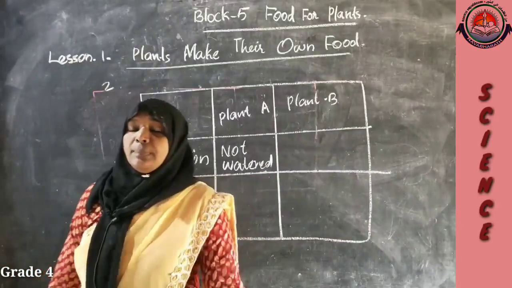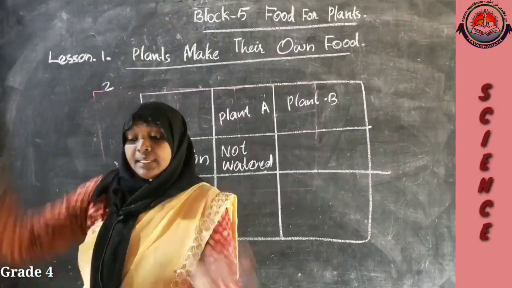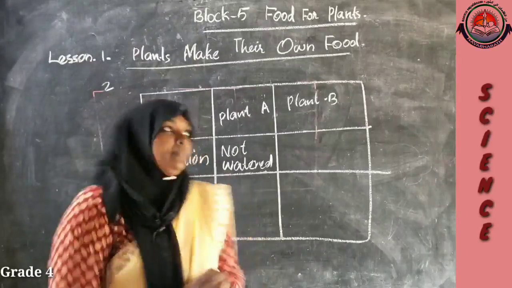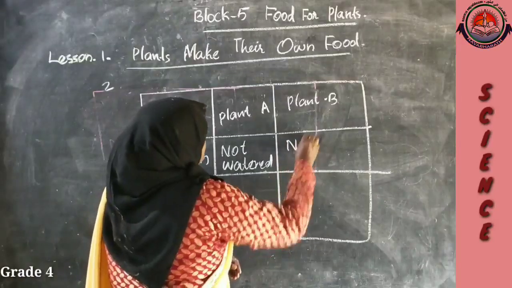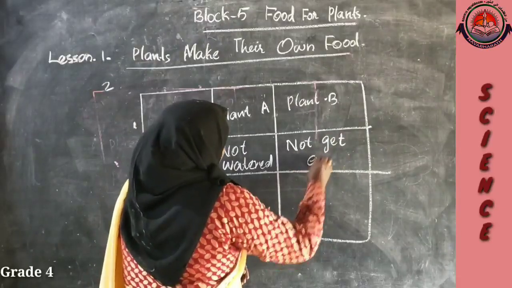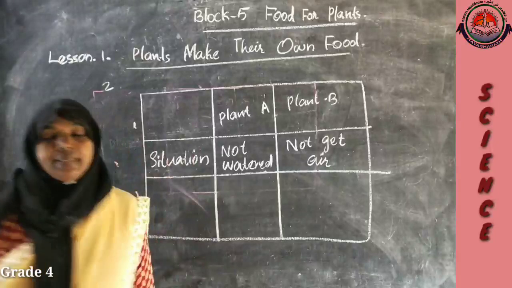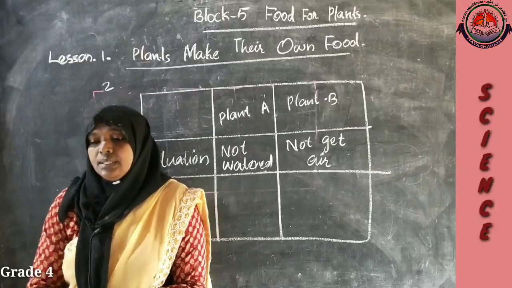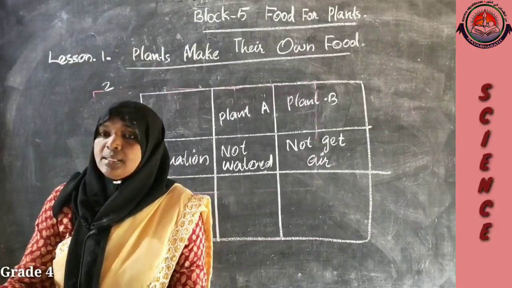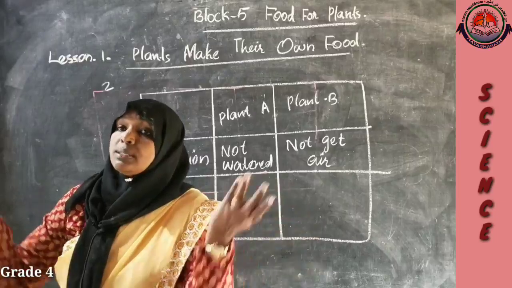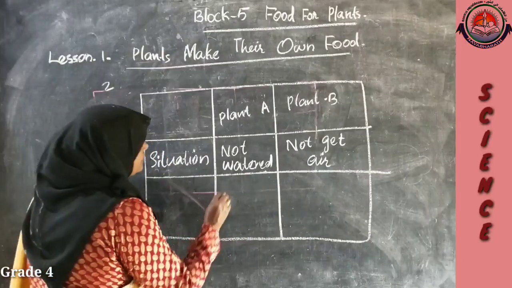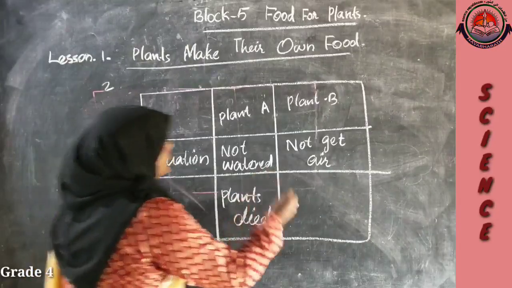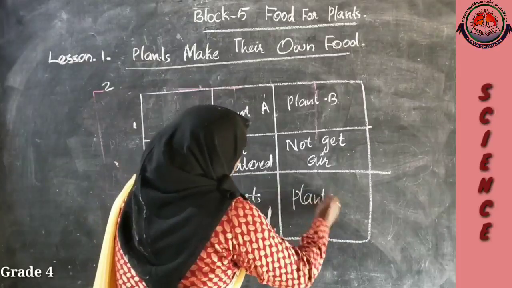Then what happened to plant B? We kept it in the airtight box. Not getting air. Okay. These are the two situations of the plants. Then what happened? Both plants weak and almost died. Here also the plants were weak or died.